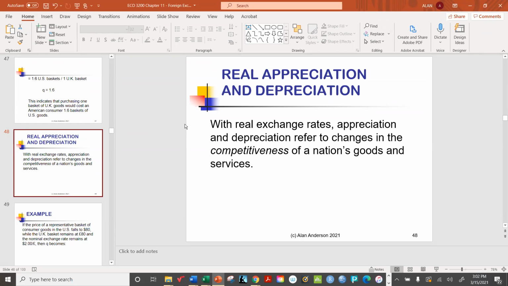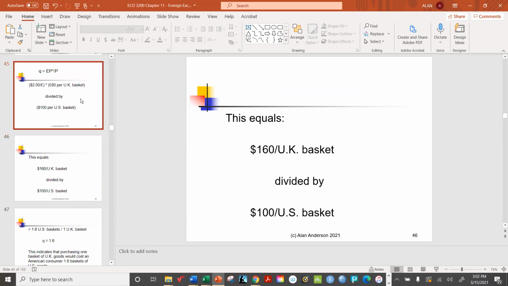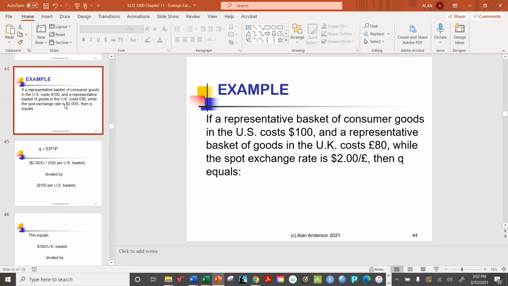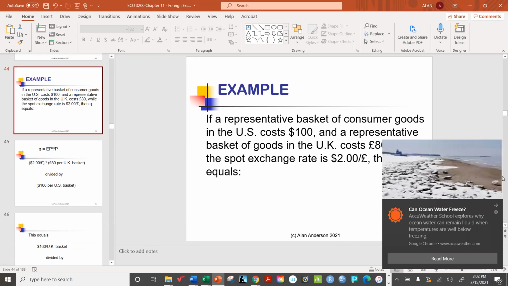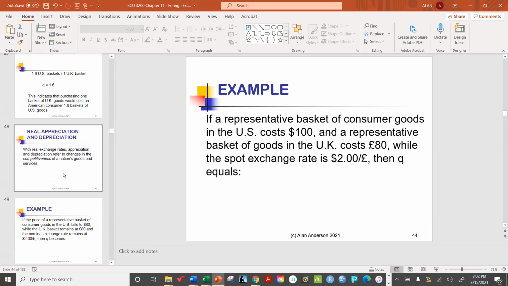Now let's look at an example, based on what we just did a minute ago, where the US basket cost $100, the UK basket cost 80 pounds, and the spot exchange rate is $2. So let's remember those numbers. But now let's assume that a change happens.